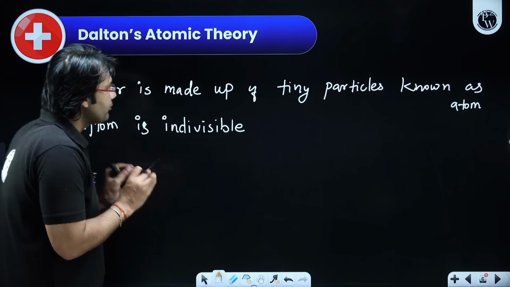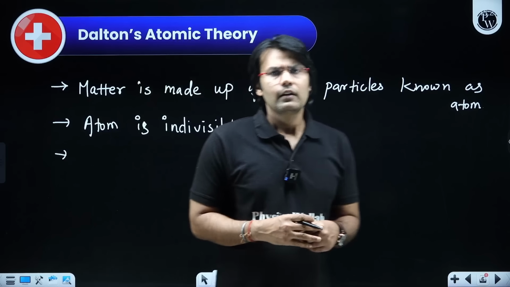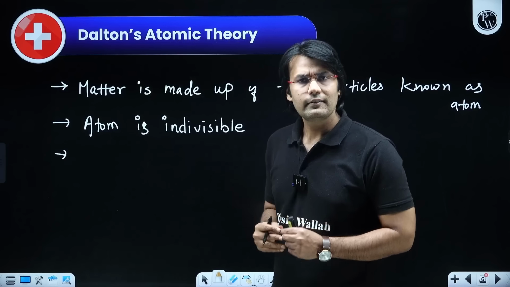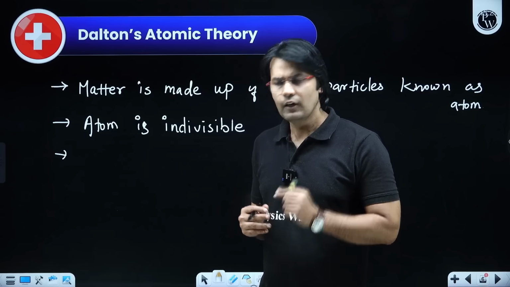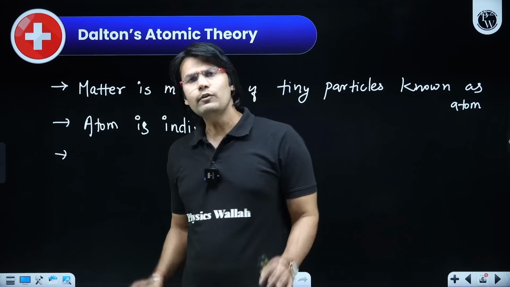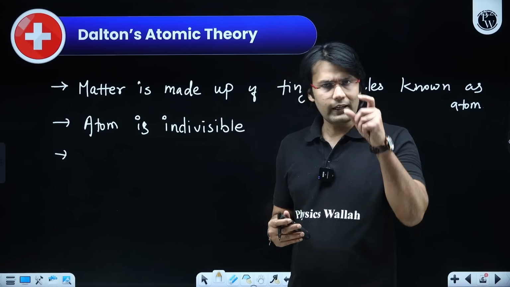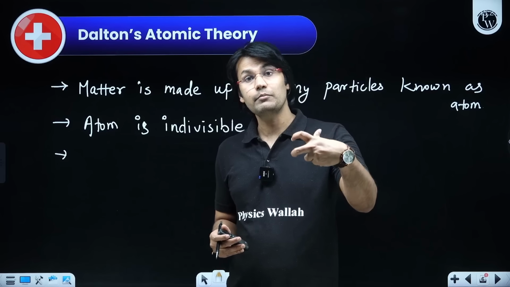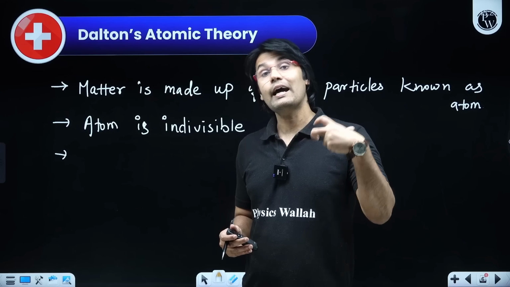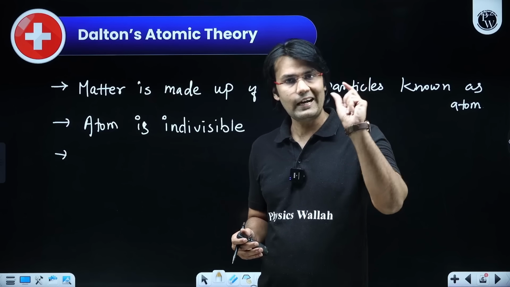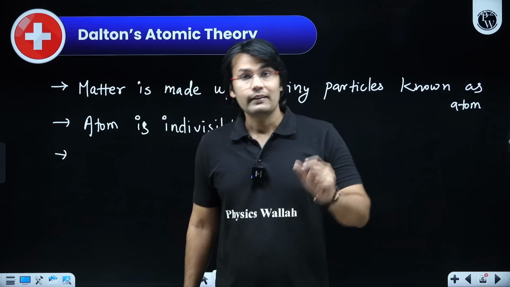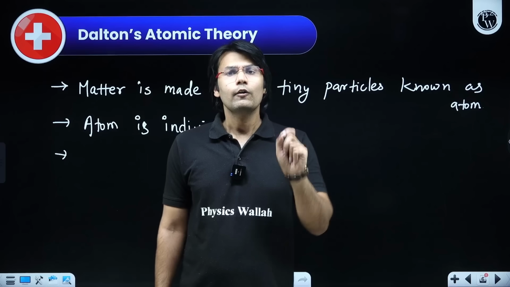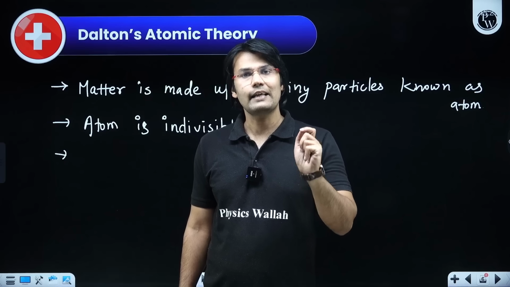But apart from these points regarding the atom, he also said a few points regarding the atoms of elements. When you take an element, whatever types of atoms it has, all those atoms are identical. If you take hydrogen, according to Dalton, all atoms of the hydrogen element will be identical in properties like size and mass.